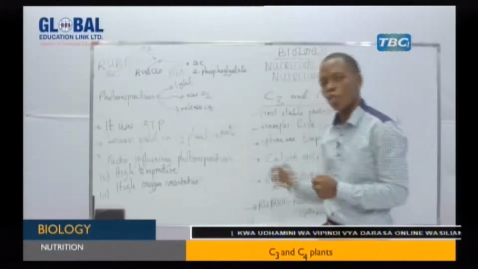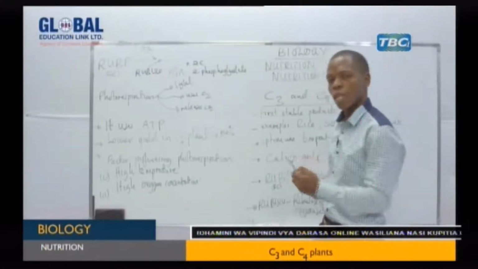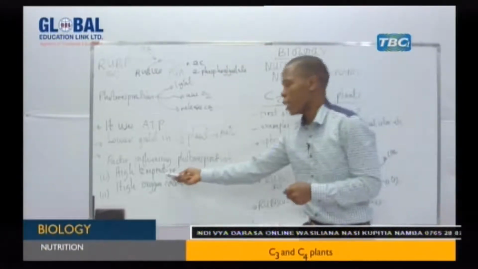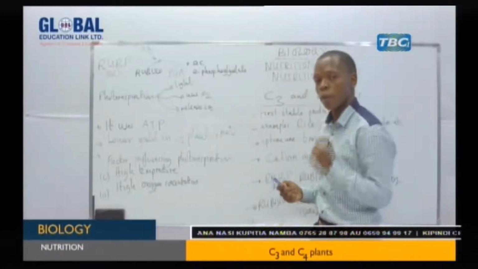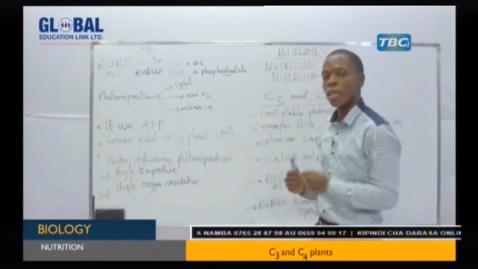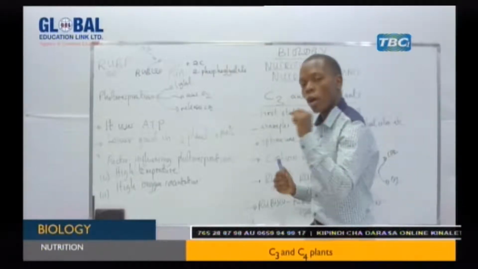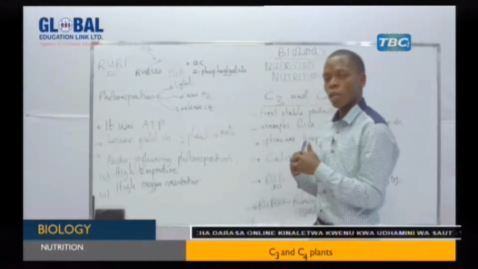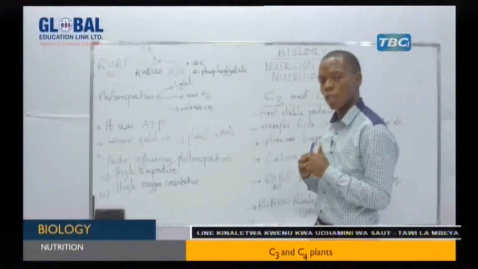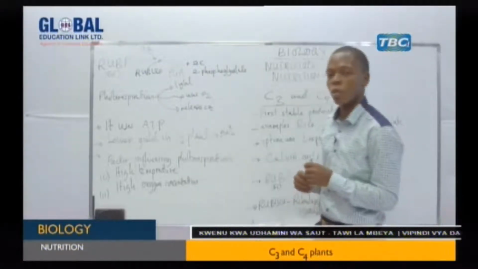When a little amount of carbon dioxide diffuses into the plant tissue, it can result in photorespiration. If you remember, we have said this photorespiration occurs when there is low carbon dioxide concentration. The stomata are closed, little carbon dioxide diffuses into the plant tissue, and therefore photorespiration may occur.